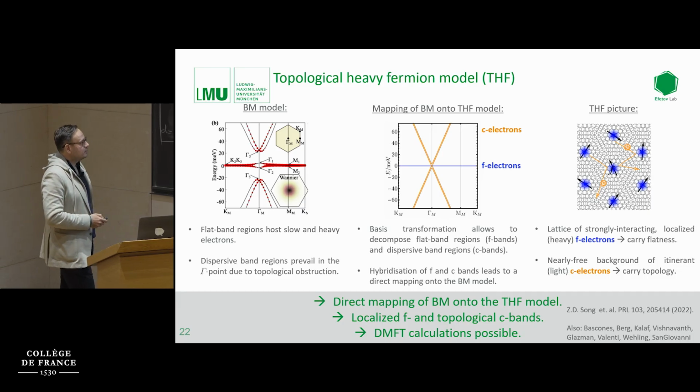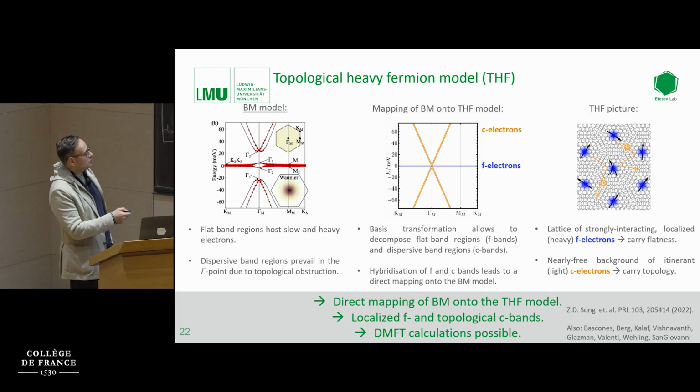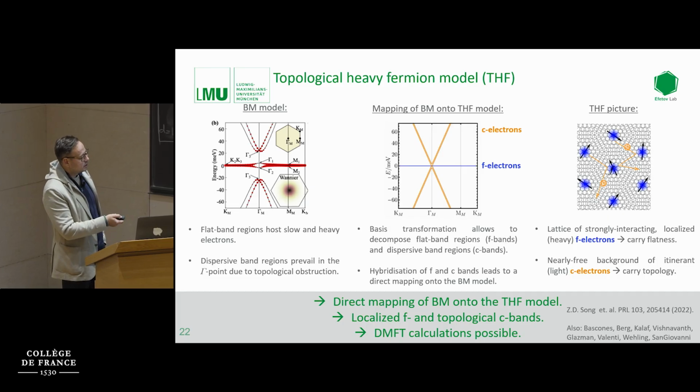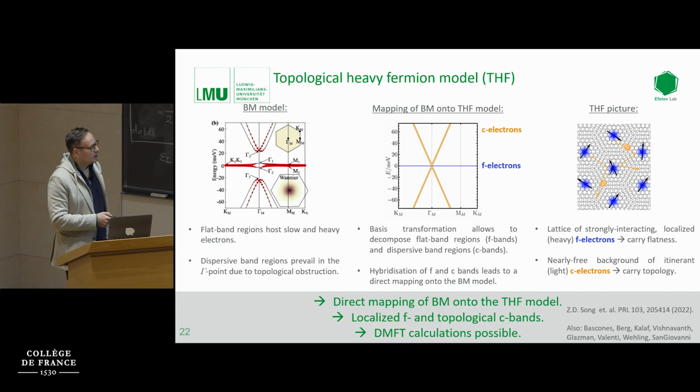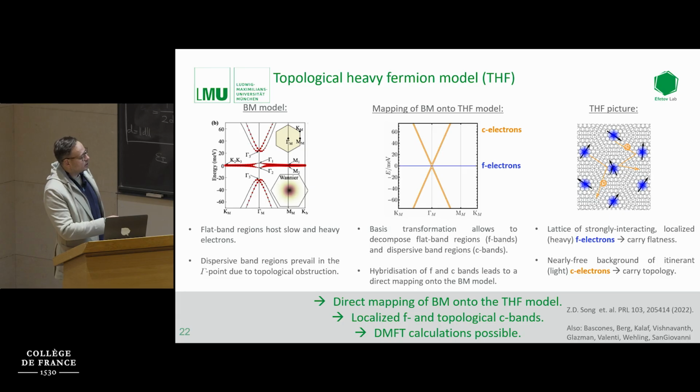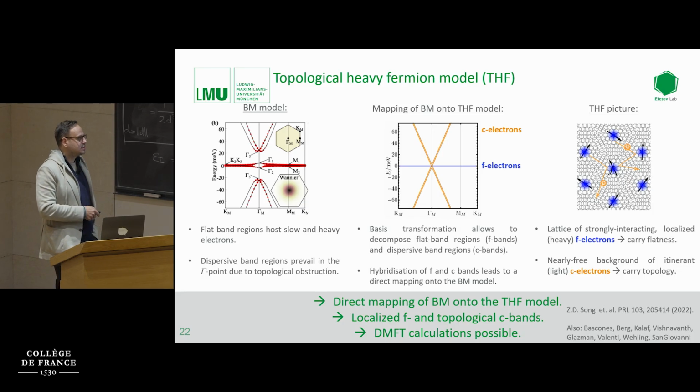This motivated the topological heavy fermion model, which was recently implemented by Zhida Song and Andrei Bernevig, who found a basis transformation to decouple those carriers, the very heavy and the very light ones. They performed a basis transformation where they were able to show that you can think of the system as perfectly flat F electron bands and still dispersive C electron bands that coexist in the system.